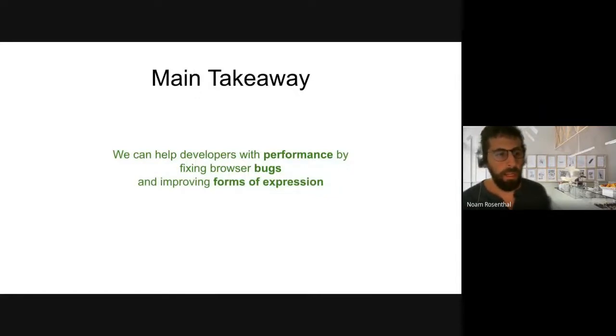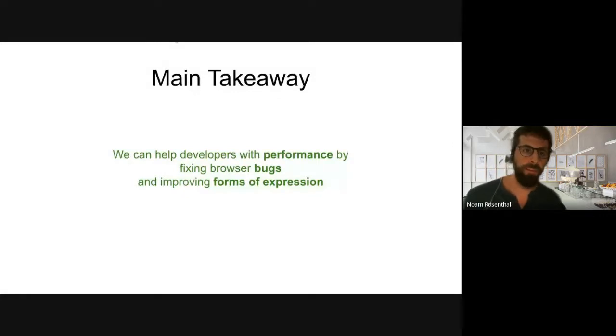Like, sometimes a performance bottleneck is just a bug workaround, which could be a spec bug, it could be an implementation bug, or a workaround for a form of expression that's missing, like trying to position a pop-up because there is no standard form of expression for pop-ups. That's it. Thank you very much.